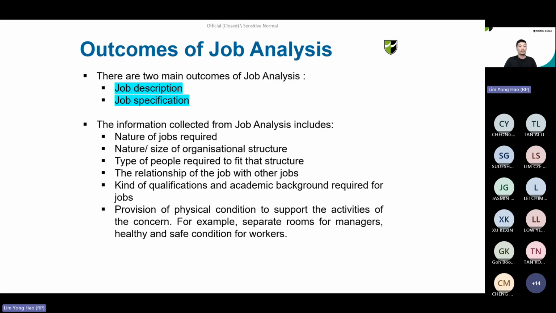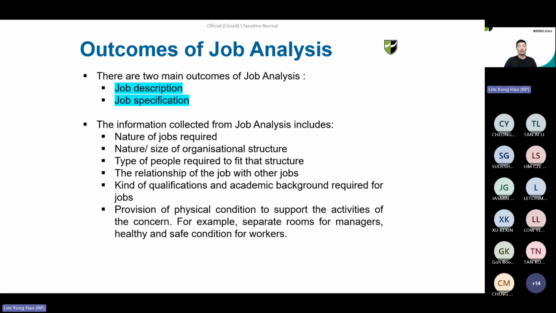So if you pull out some of this information, what can you get? What's the nature of the job? You will know from a job description what the job would be like. If you have access to the organization information, then you have the size and structure of the organization.